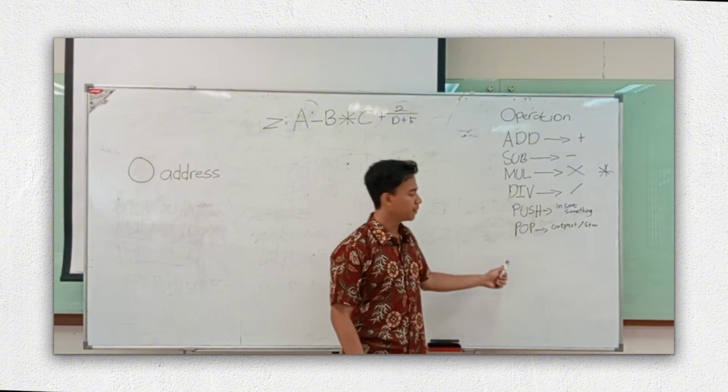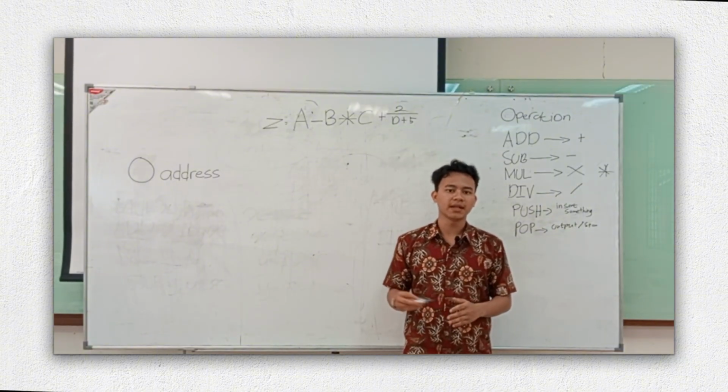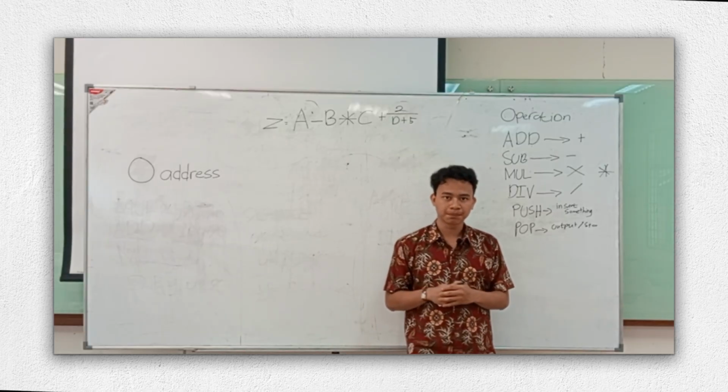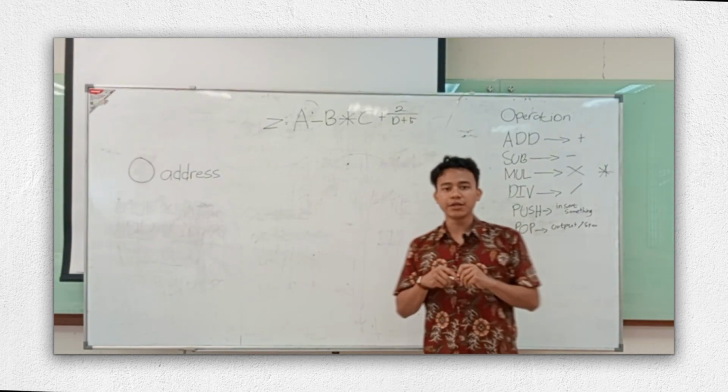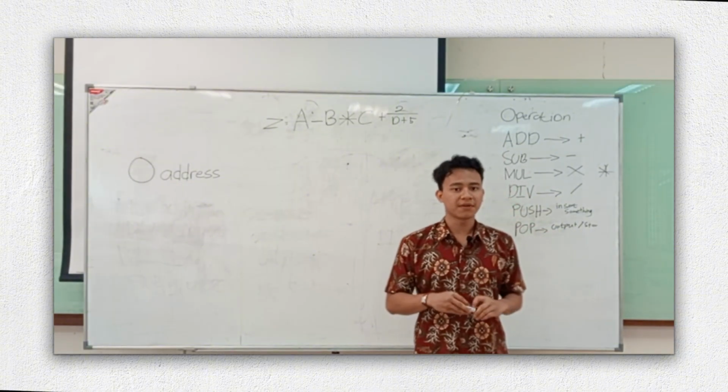For the pop, its function is to show the final answer or to store it in the final register. For 0 address, it uses the stacking method, which is last in, first out.